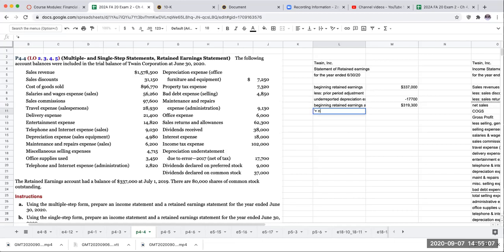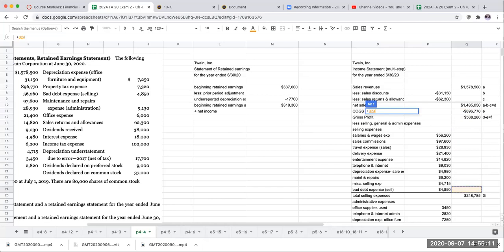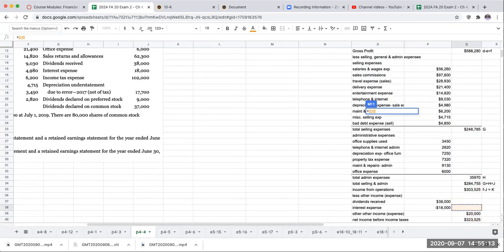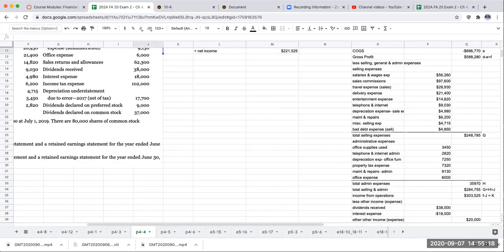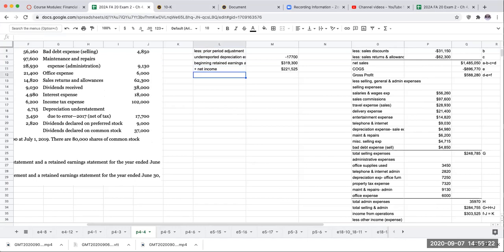plus I'm going to add in my net income. My net income over here was $221,525, less my dividends. So I'm going to subtract out dividends on preferred stock and common stock dividends.